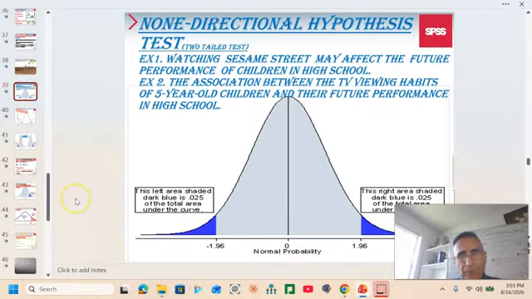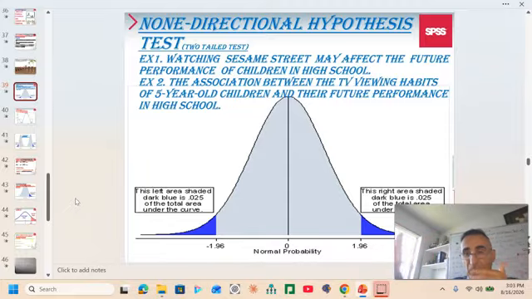In order to do that, there are different ways to do this. You either use the non-directional hypothesis. Non-directional means, let's say, consumption of sugar increases the hyperactivity. Now that is directional because you're saying increase.